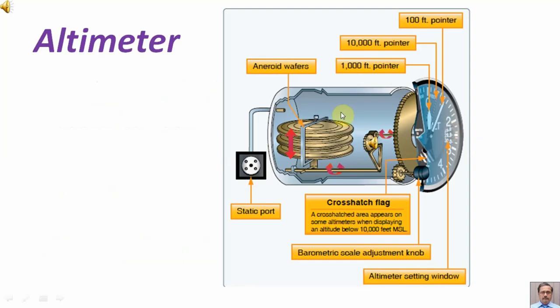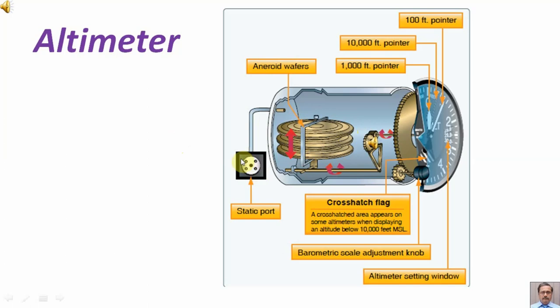This is the construction diagram of an altimeter. In this diagram, you can see a stack of aneroid capsules, and here you can see the static port.